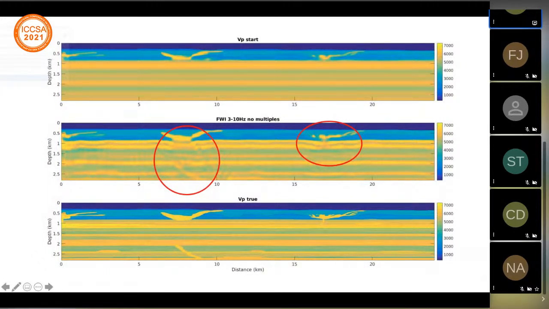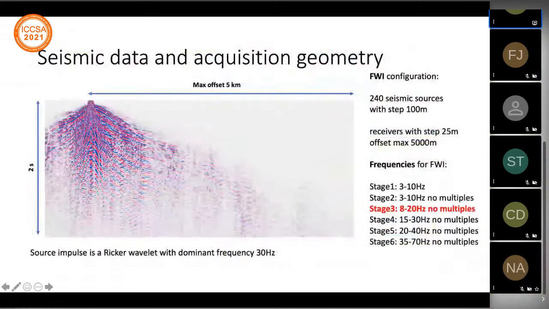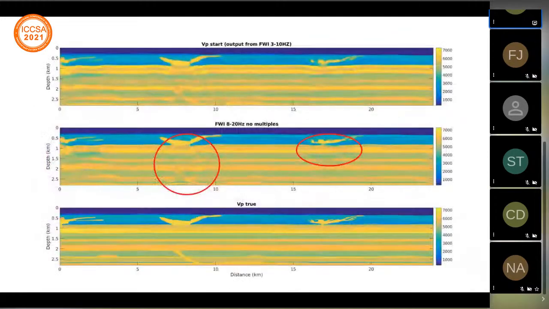These results are still not sufficient, so we start to increase the frequency range for the inversion. Here are the results for the frequency range from 8 to 20 Hz. As we increase the frequency content of the data, we include more details in the inversion results.